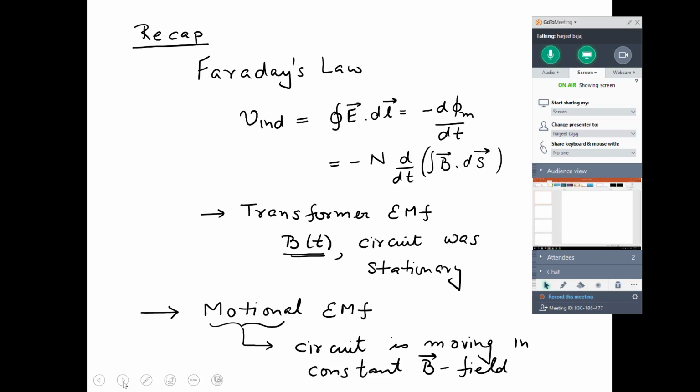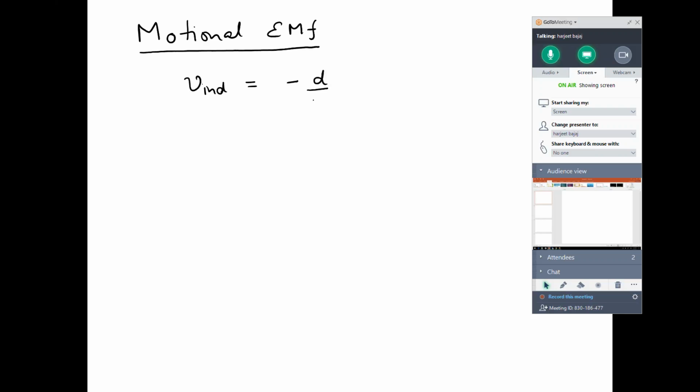Let's start with the motional EMF, and there are two methods we can use to calculate motional EMF when the circuit is moving. Again, remember, V induced is minus N d by dt, if there's some N number of turns, integral of B dot ds over the surface of that loop. In motional EMF, B is a constant, but the circuit is moving around, which can mean two things.